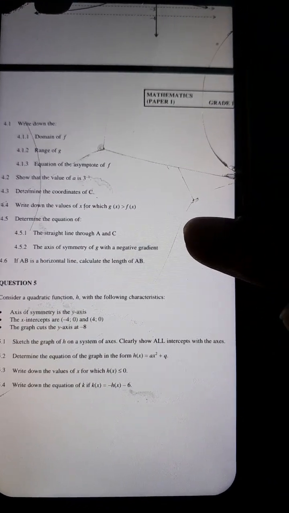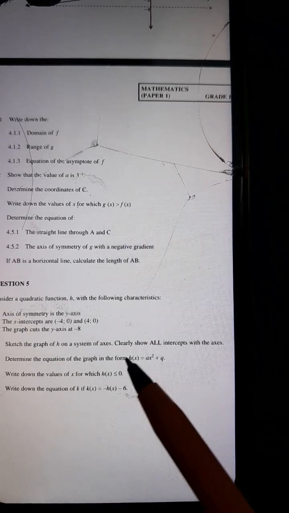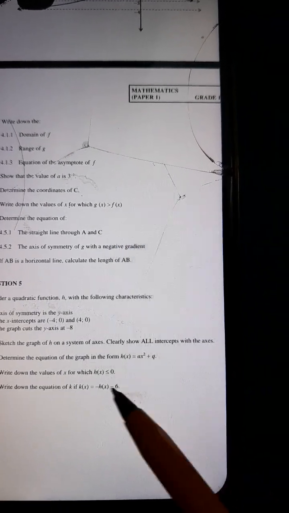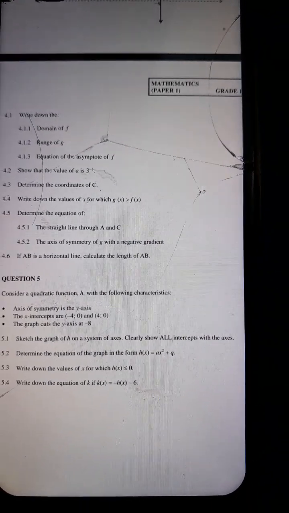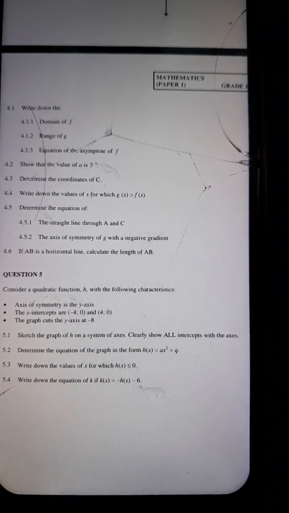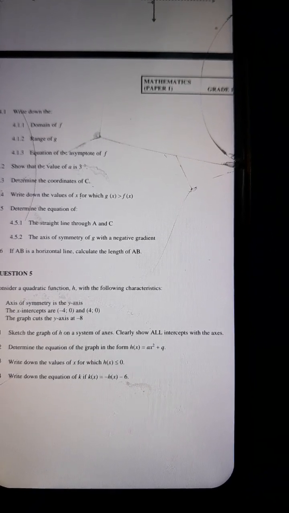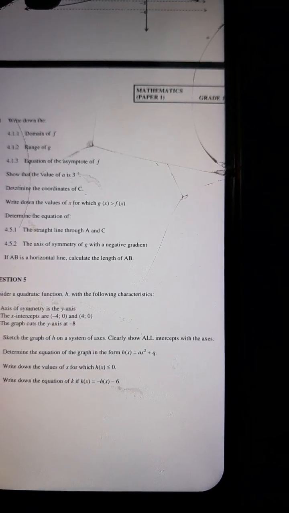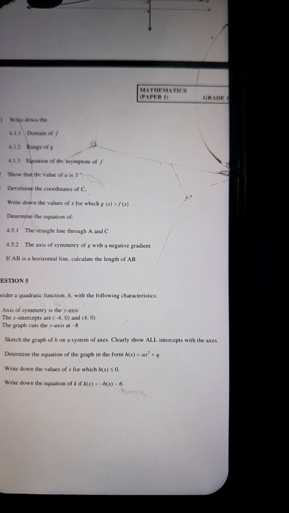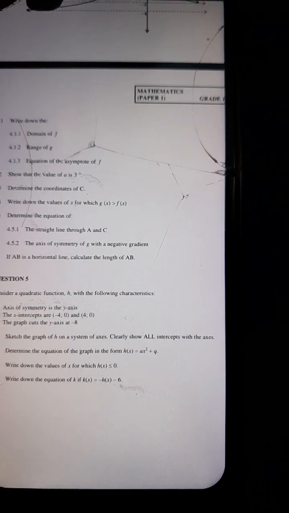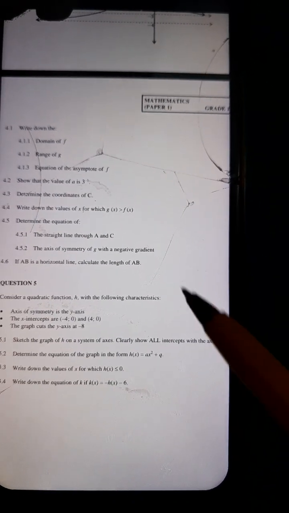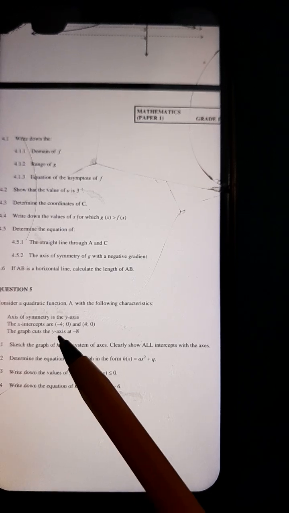They said determine the equation of the graph in the form h of x equals ax squared plus q. For 5.2, guys, you can use any of the coordinates, (-4, 0) or (4, 0), to find the value of a, because the value of q we're already given, because it is our y value, which will be -8.